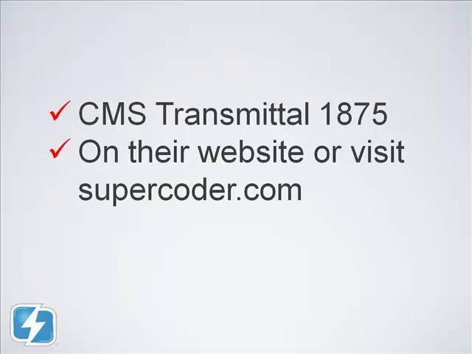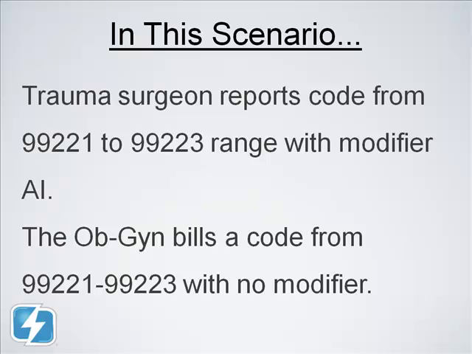In this scenario, the trauma surgeon would report a code from the 99221 to 99223 range with a modifier AI appended. The OBGYN in this scenario would bill a code from the 99221 through 99223 with no modifier. Here's where you need to watch out for problems.